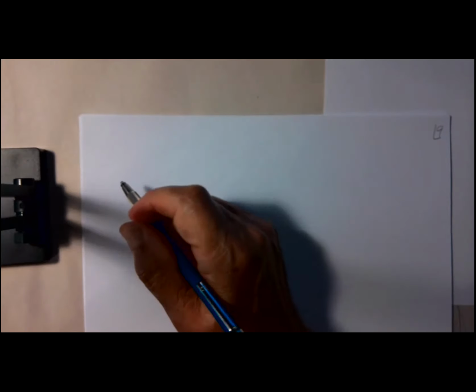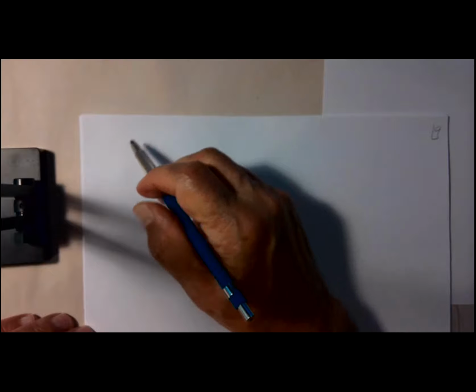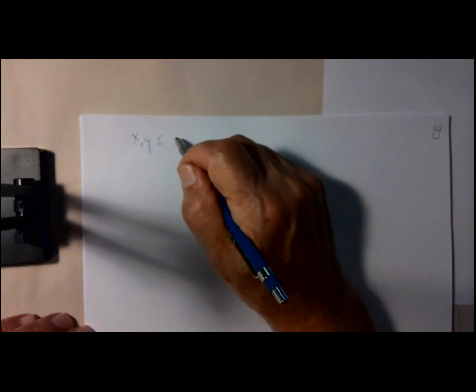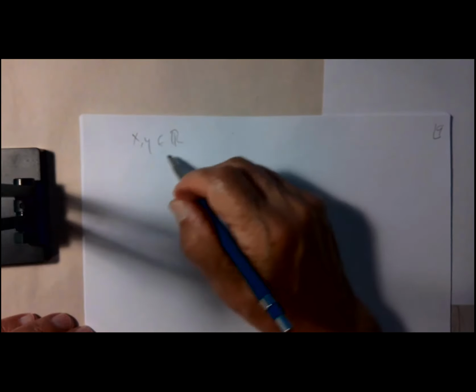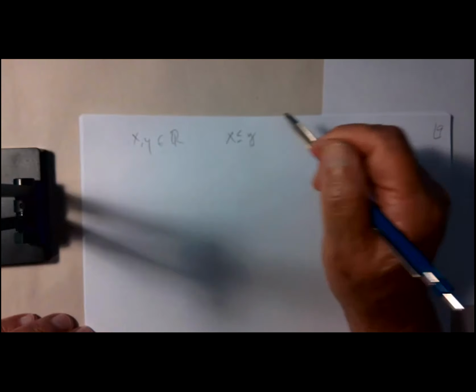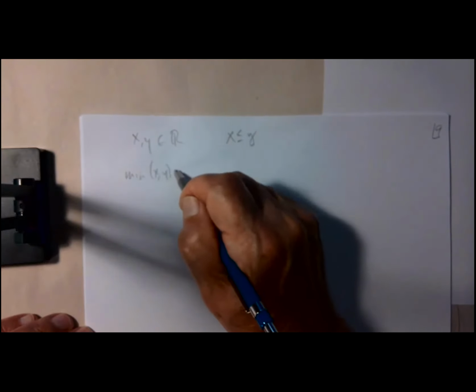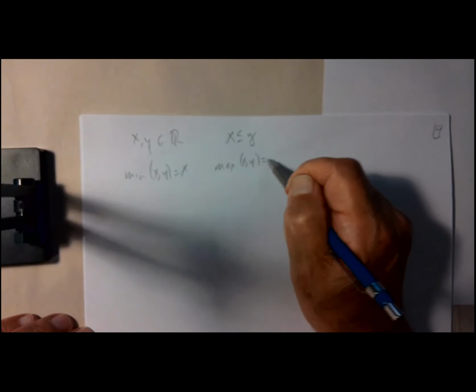Suppose you have 2 numbers like X and Y. Let's say they're real numbers. And suppose X is less than or equal to Y. So the minimum of X and Y is X, and the maximum of X and Y is Y.